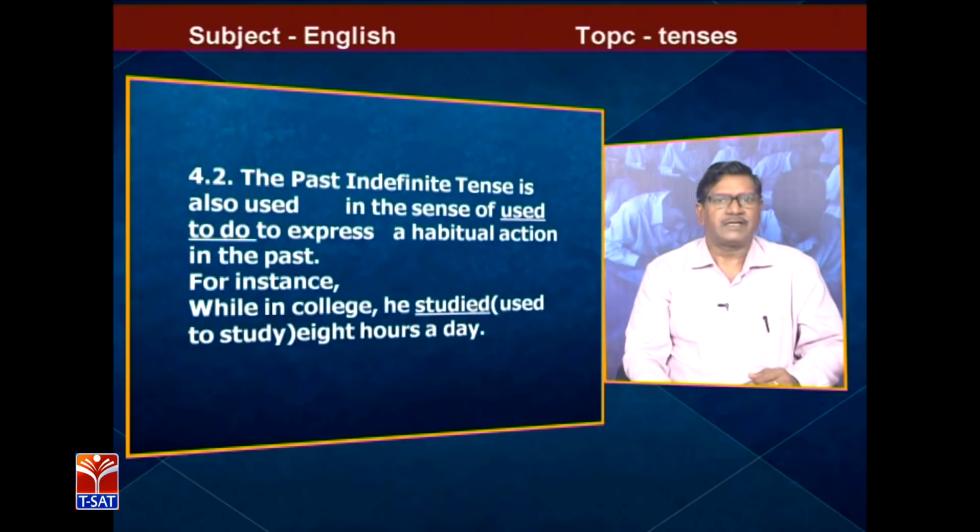The past indefinite tense is also used in the sense of used to do expression. Used to do, to express a habitual action in the past. We may have to use the past indefinite tense, right? Look at the instances where we use it that way.